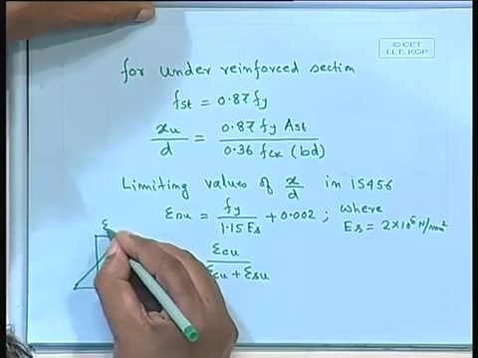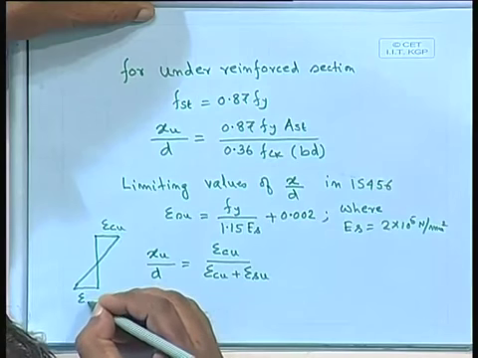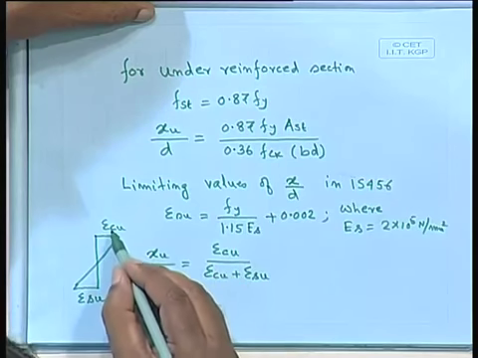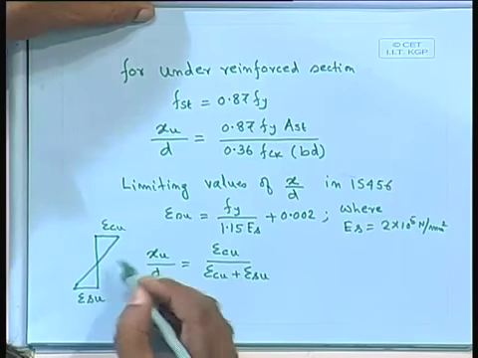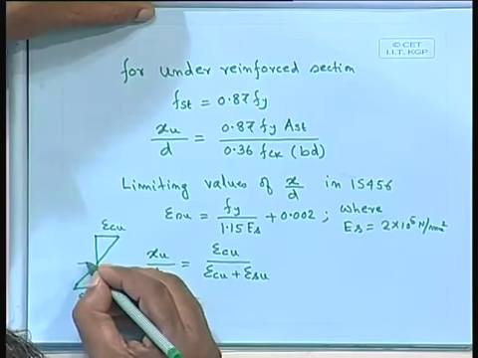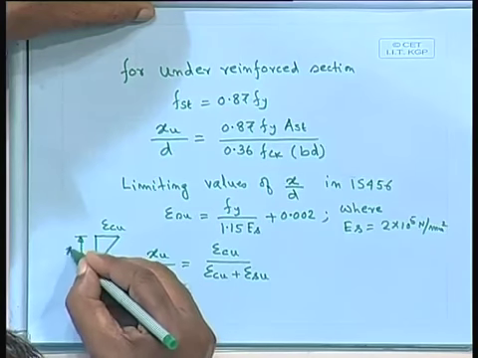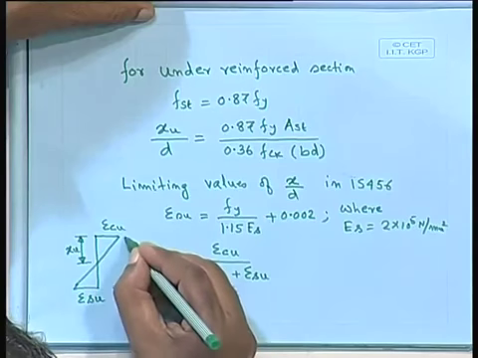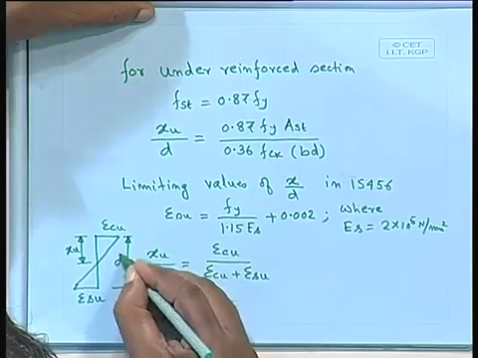This is epsilon cu and this one epsilon su. So we can get, let us say this one xu and total depth d.